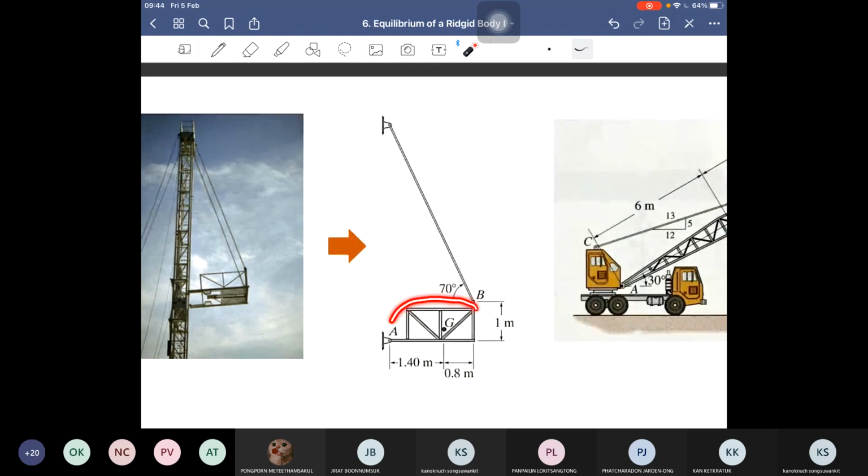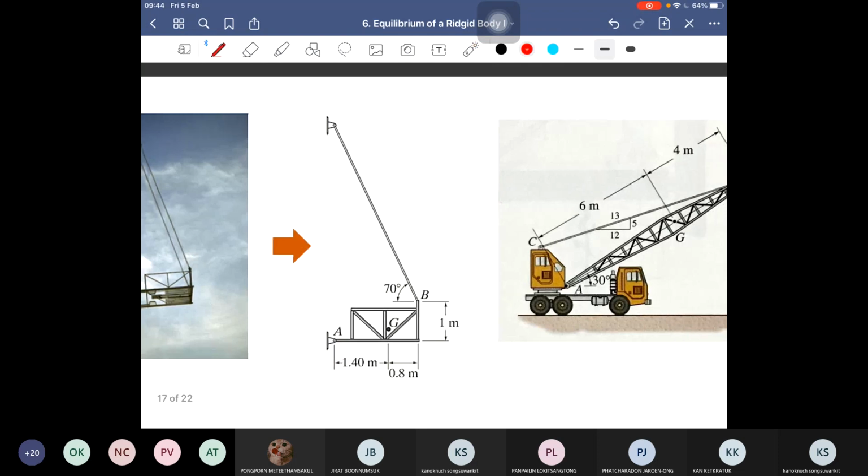So this object is held by a robe and a link. The object itself produces the weight at the centroid of the body.